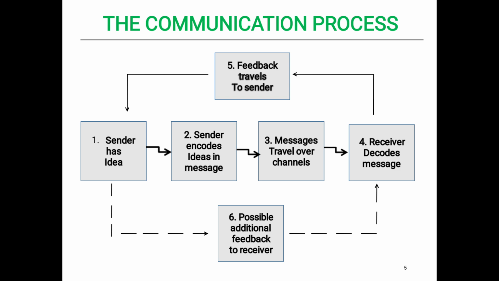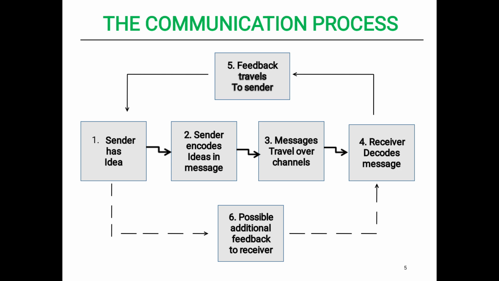Okay, then step 3. In step 3, the sender chooses the channel for transmitting the message. It is on the part of the sender to select the medium, to select the channel.